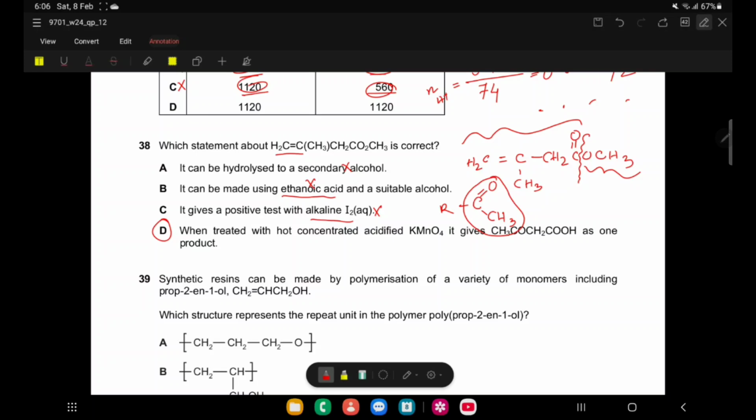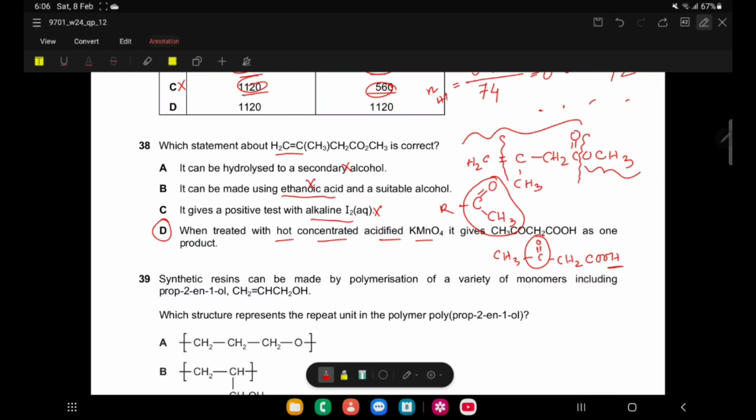When treated with hot concentrated acidified KMnO4, it gives CH3CO, CH3CO, CH2COOH. So this is a ketone group and an acidic group. So yes, it could be a possibility, because when we use hot concentrated acidified KMnO4, this double bond will be broken down.